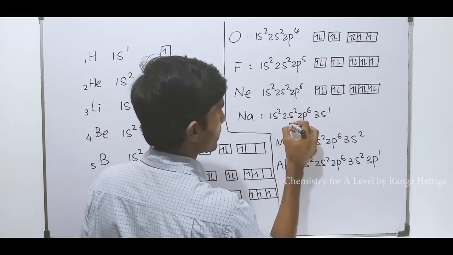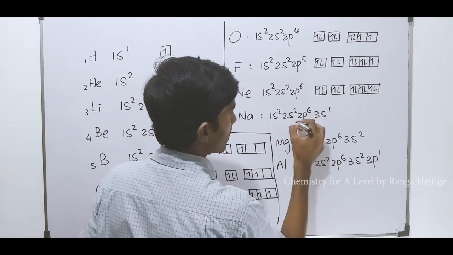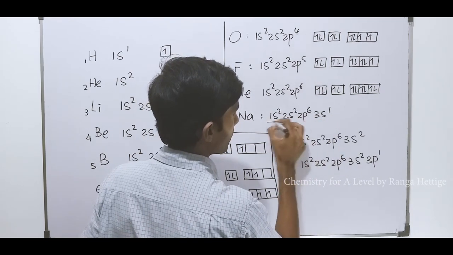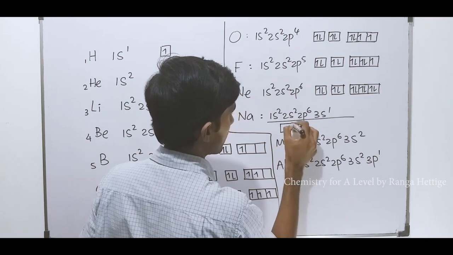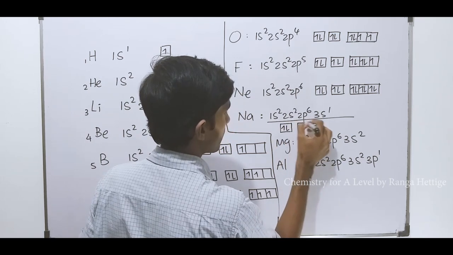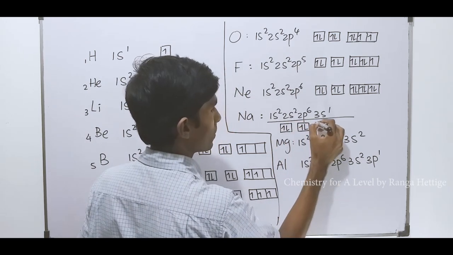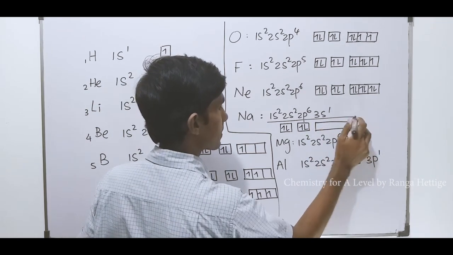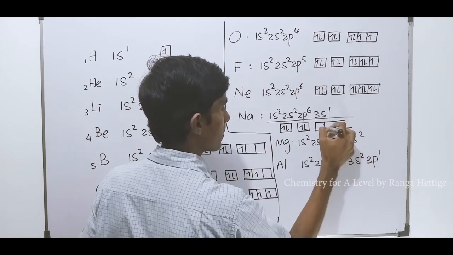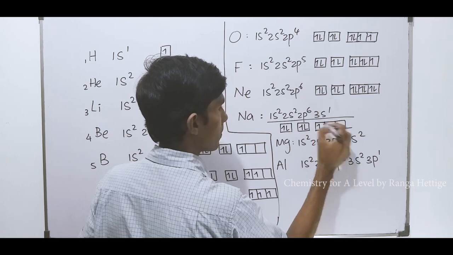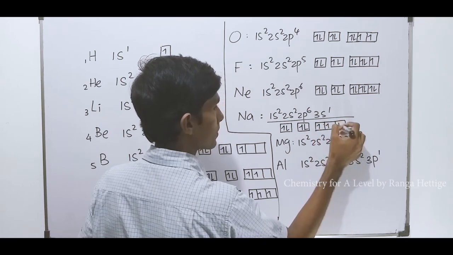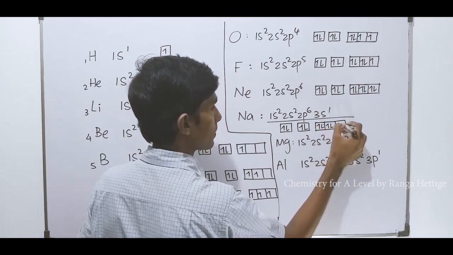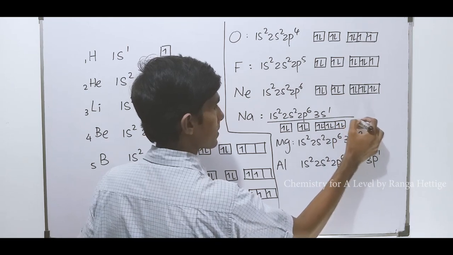When you consider sodium, 1s2, 2s2, 2p6, 1, 2, 3, 4, 5, 6, then 3s.